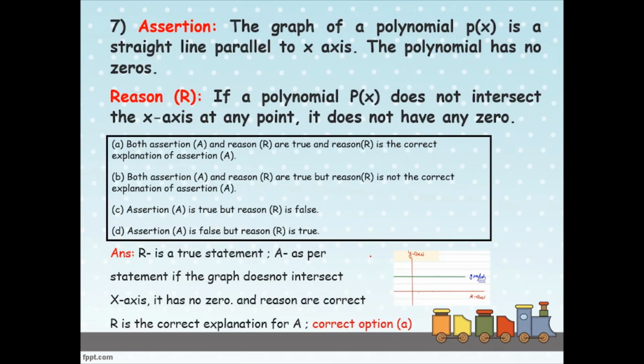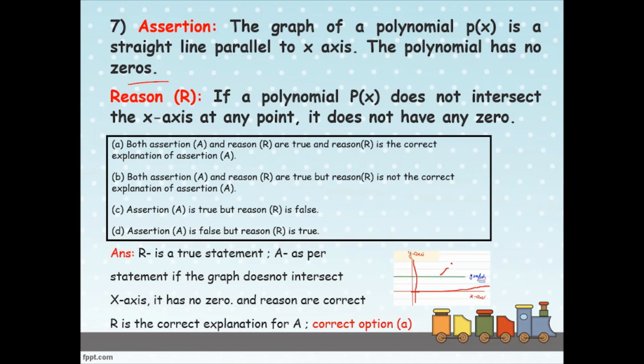Question 7. The graph of a polynomial p of x is a straight line parallel to x-axis. Here I have drawn this: this is the y-axis, this is the x-axis, and the green color is the graph. It is parallel to the x-axis. The polynomial has no zero. Why is it declared no zero? Because it doesn't intersect the x-axis at any place. As there is no intersection point, there is no zero.